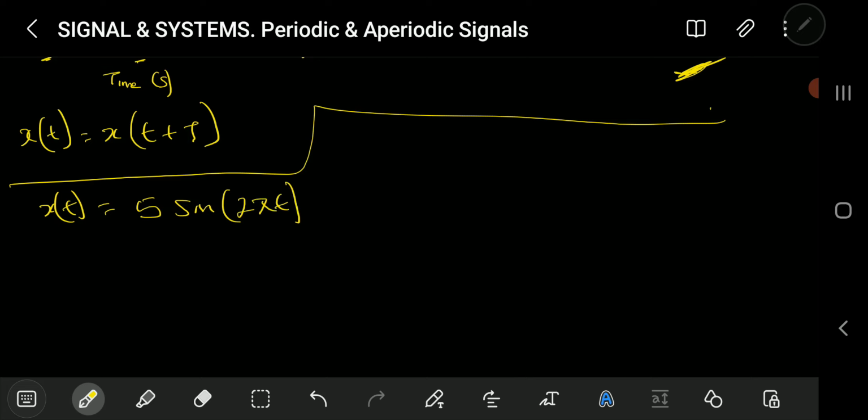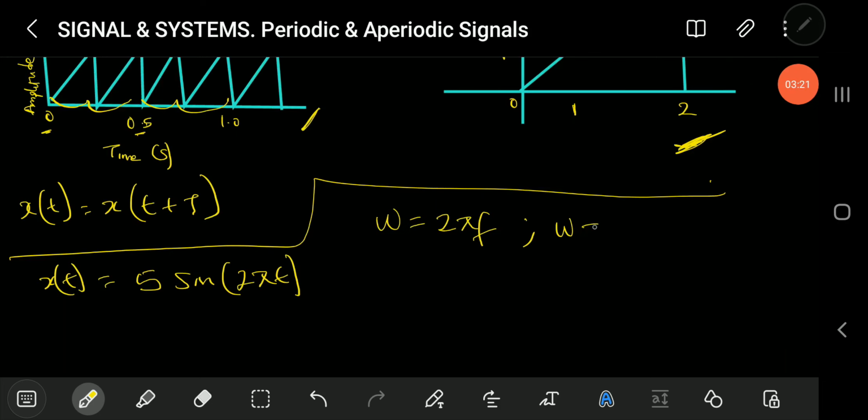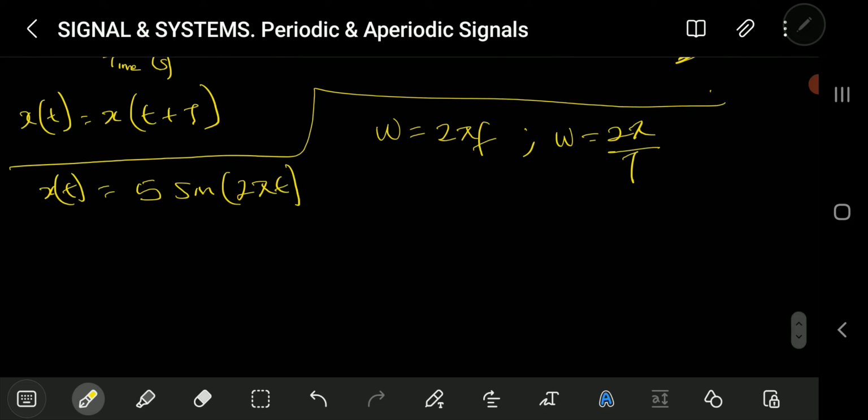If you are asked to find the period of this signal, remember that omega equals 2 pi f, and f is 1 over T. So omega equals 2 pi over T, where T is the period. Don't forget f is 1 over T.